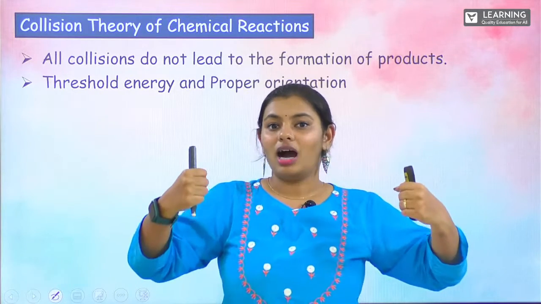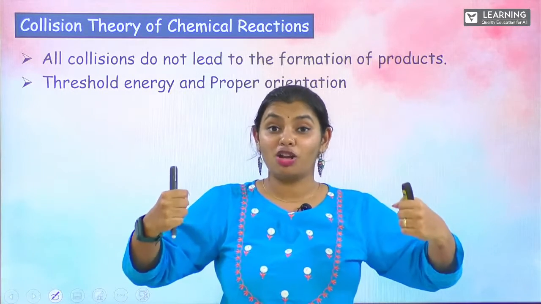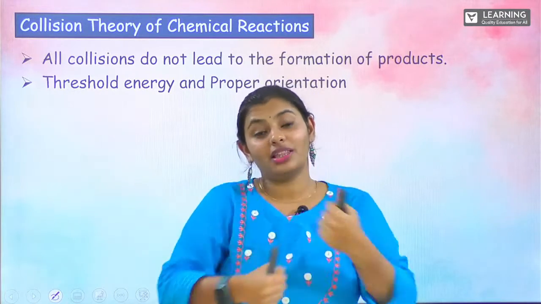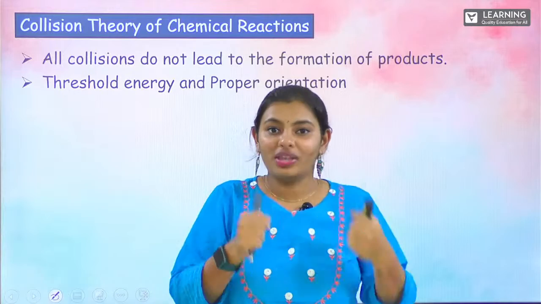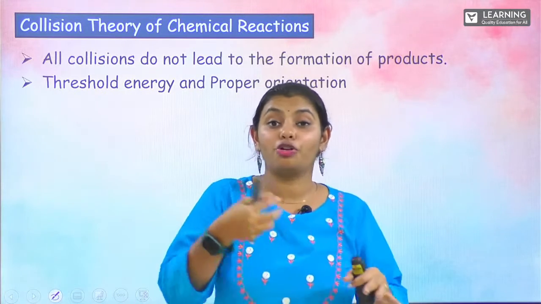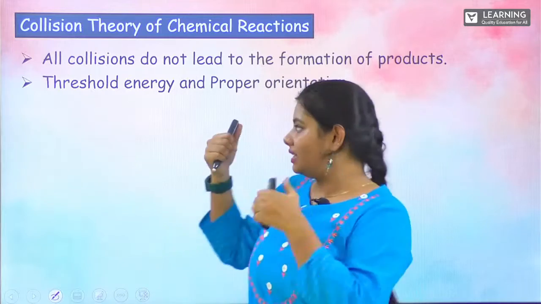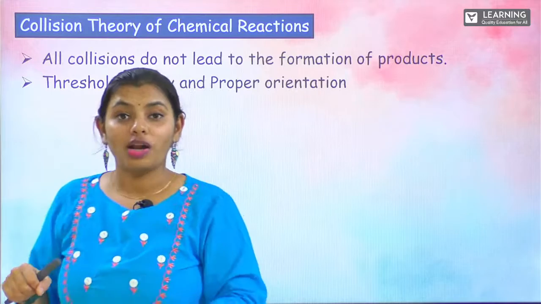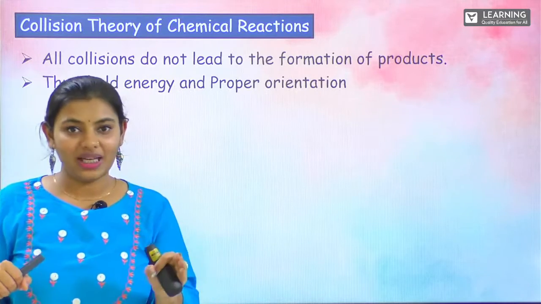Now suppose these have good energy, but they're not colliding in the proper orientation. They're just going to come, touch each other and go. So with this, will the collision take place effectively? No. The products are not going to be formed. The same thing: proper orientation is very necessary for the collision to take place properly.